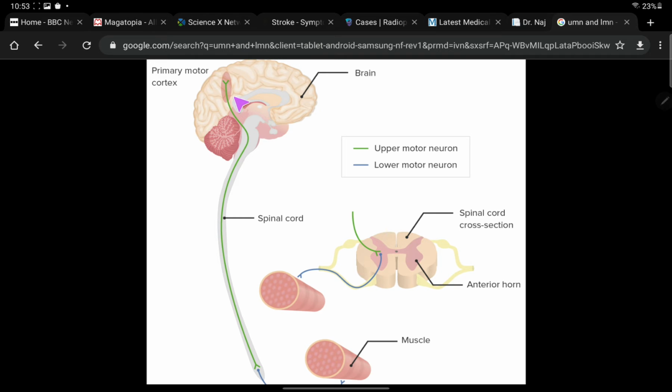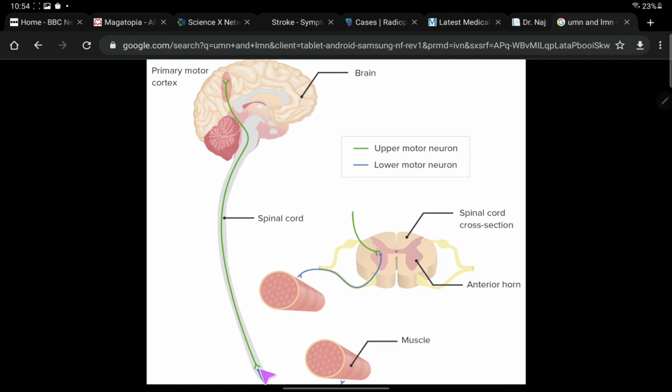So this is the upper motor neuron. In the pyramidal tract there is the upper motor neuron as well as the lower motor neuron. The upper motor neuron is located in the cortex region, and here you can see the spinal cord region.